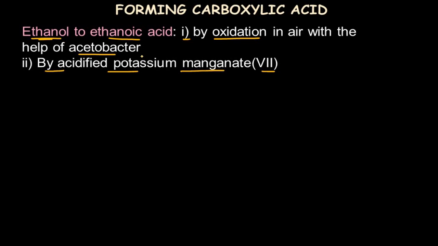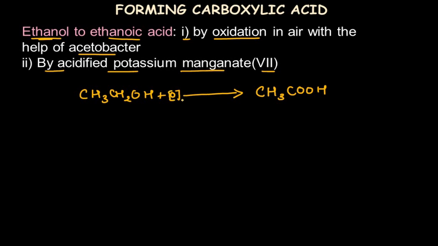of ethanol or alcohols. So here in general we can write the equation: ethanol, you know, is CH3CH2OH. Now that can be oxidized to ethanoic acid. This is the formula of ethanoic acid. Now you can add oxygen, as I had mentioned earlier, as oxygen in the bracket, because it's not the oxygen which is directly reacting from the air as molecular oxygen O2, it's the oxidizing agent which is providing oxygen.